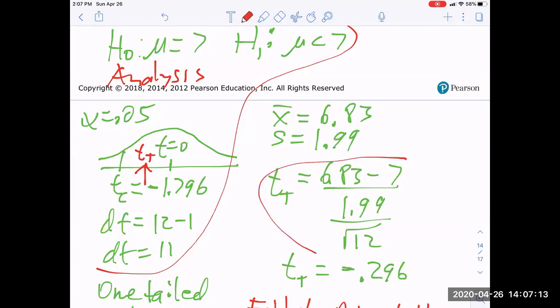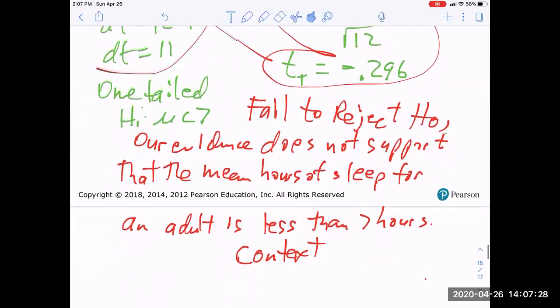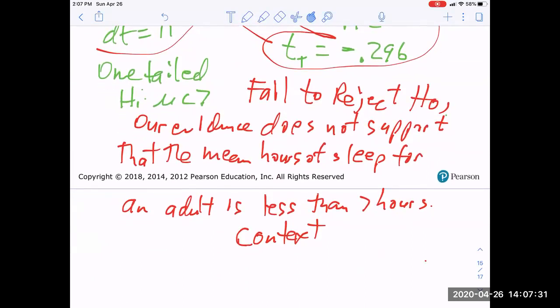I've got my arithmetic or the math part to finish up. I go, okay, that's over there. That's in failed to reject land. Our evidence doesn't support the alternative hypothesis that the mean number of hours of sleep is less than 7. So that's the basics of doing a hypothesis test with a population mean.